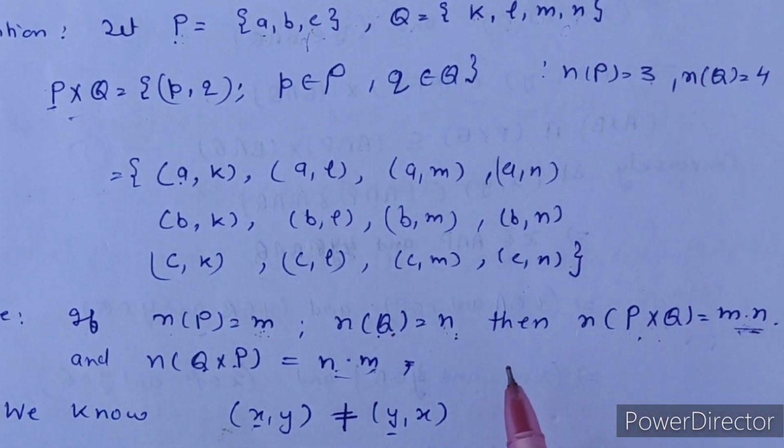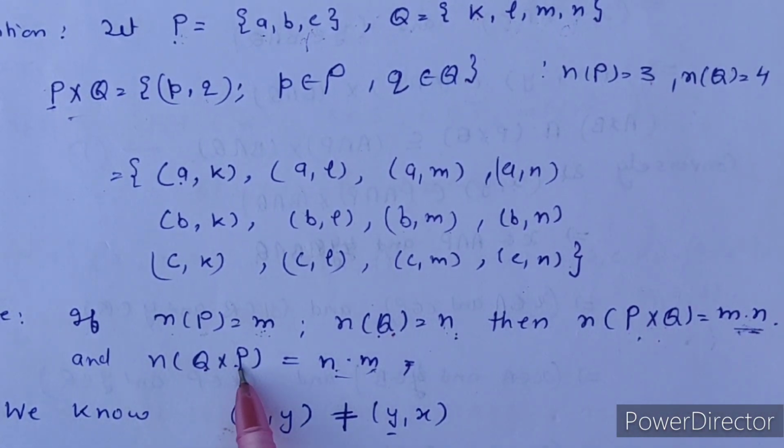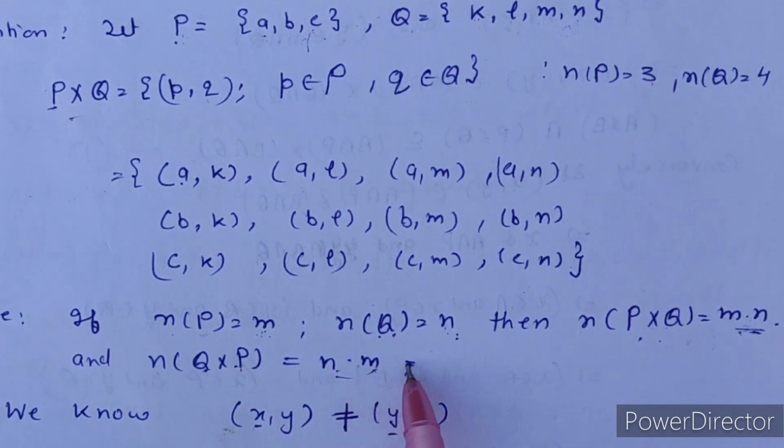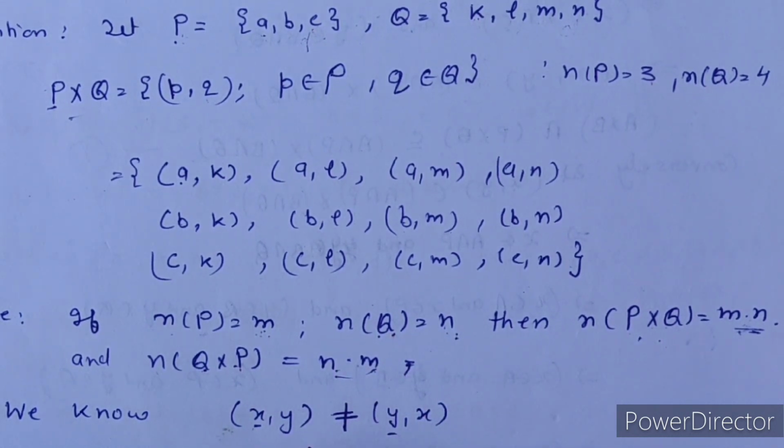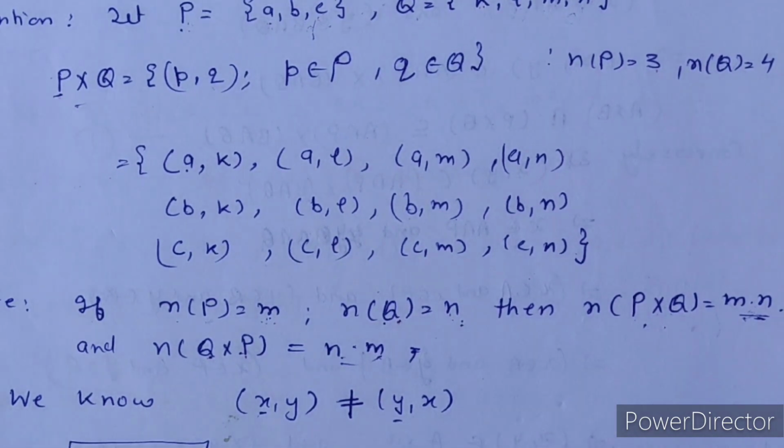Similarly, you can write the Cartesian product Q cross P, and again the number of elements in the Cartesian product of Q and P is n into m, that is mn. So the number of elements in the Cartesian product of A cross B and B cross A is always the same.